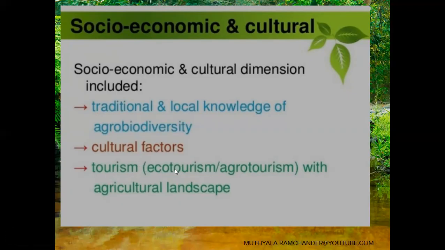And tourism, ecotourism, also called agrotourism, with agricultural landscapes. If we cultivate different types of varieties on the landscapes, on the soil, they are called landscapes. If the agricultural landscapes are produced with different types of crops and food plants, they mainly help agrotourism. Agrotourism is also called ecotourism. These are the components of the introduction of agrobiodiversity.